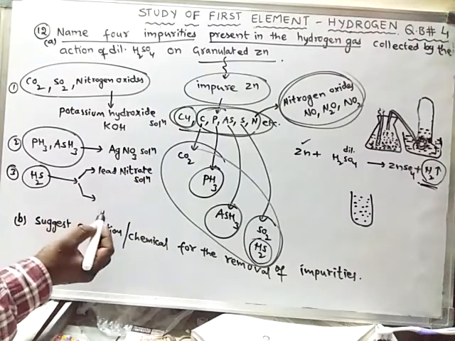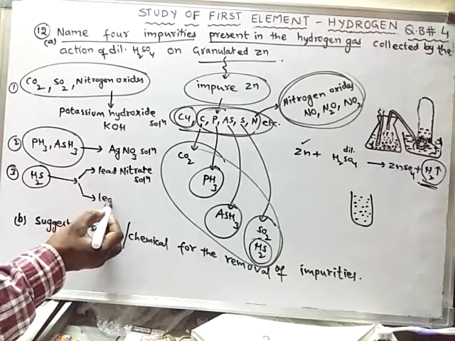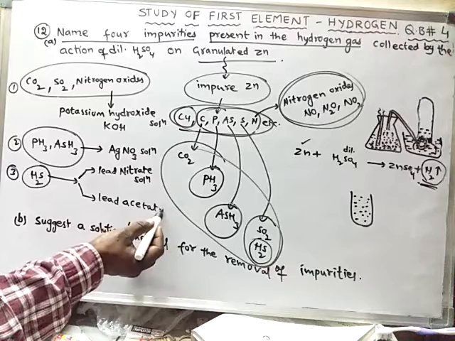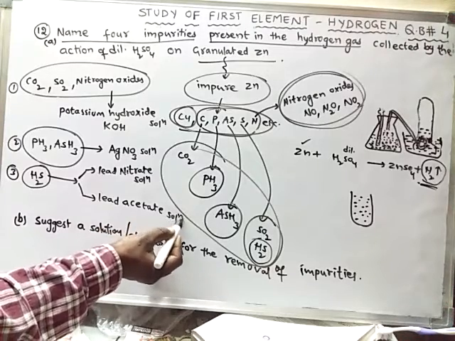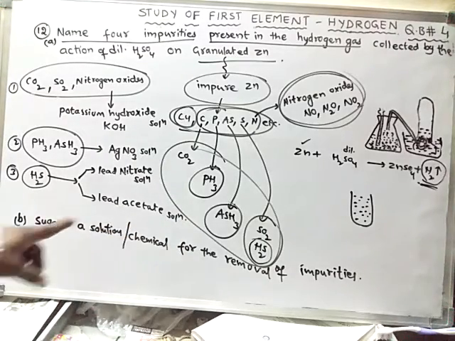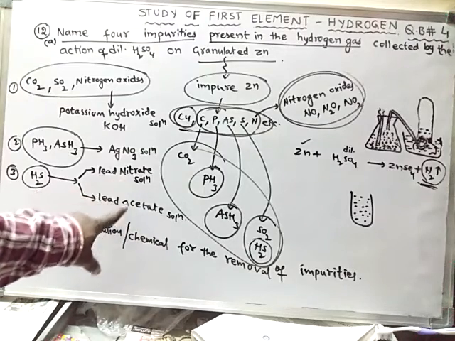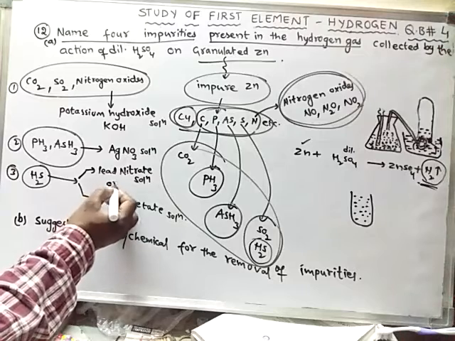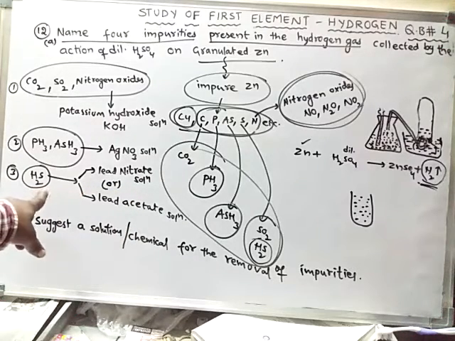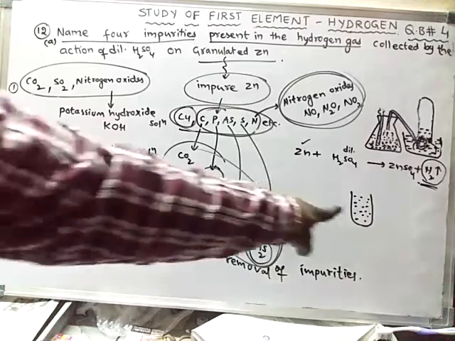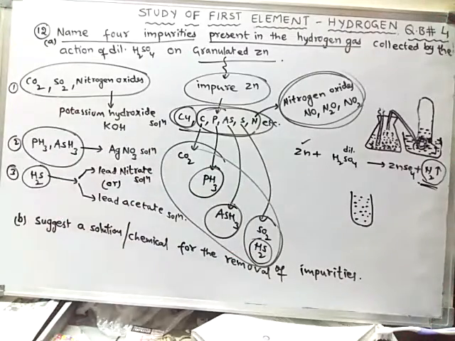In your book this is not mentioned, but we may use lead acetate solution also. So either lead acetate solution or lead nitrate solution can be used to remove H2S gas from the hydrogen gas, and to remove the other two we have to send this hydrogen gas into silver nitrate solution.